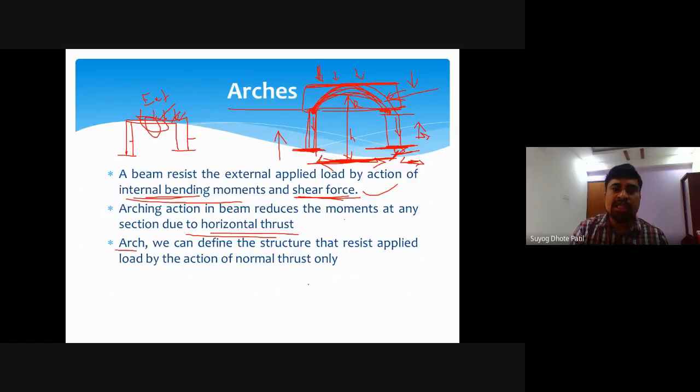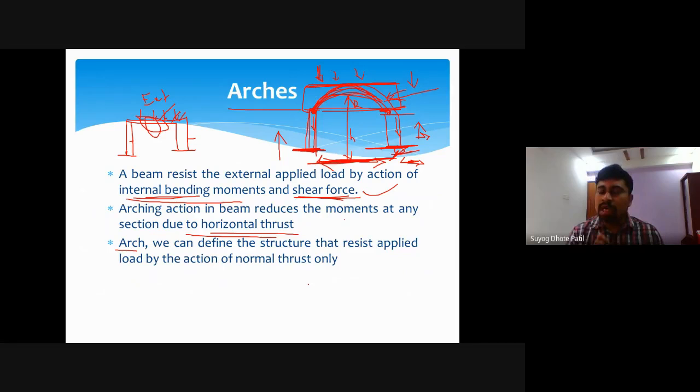In the case of arches, after application of loads, the whole assembly is neutralized by horizontal thrust only. And by nature, the arch is always in axial compression. Again, I'm repeating that arches are the opposite of cables: cables are always in axial tension, whereas arches are always in axial compression.